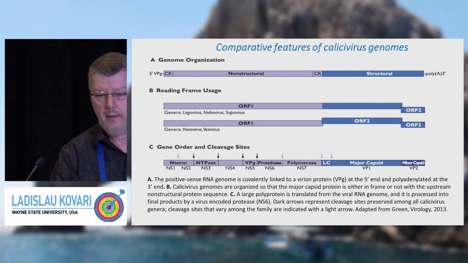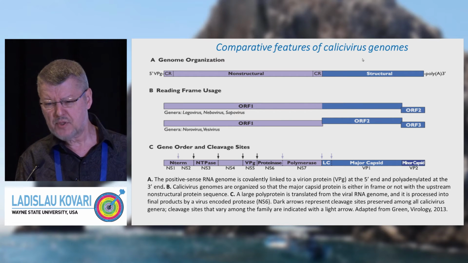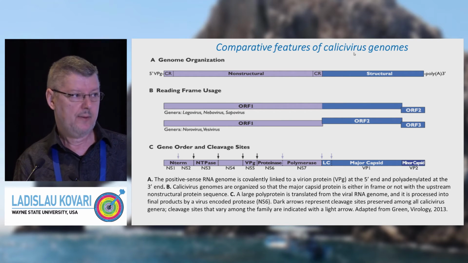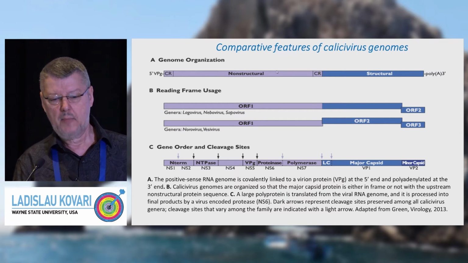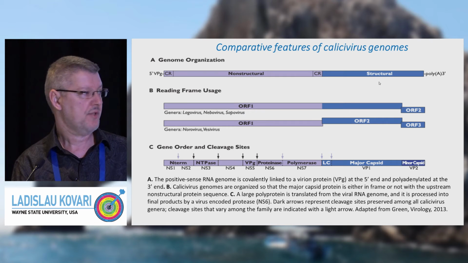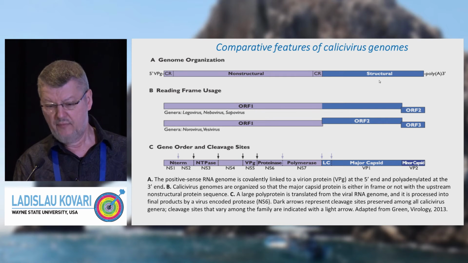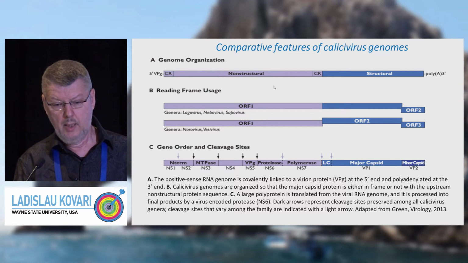Very briefly, a description of the calicivirus genome. In the calicivirus family, there are 5 genera, including norovirus, and the 5' end encodes the non-structural genes, and the 3' end the structural genes, such as VP1 and VP2.